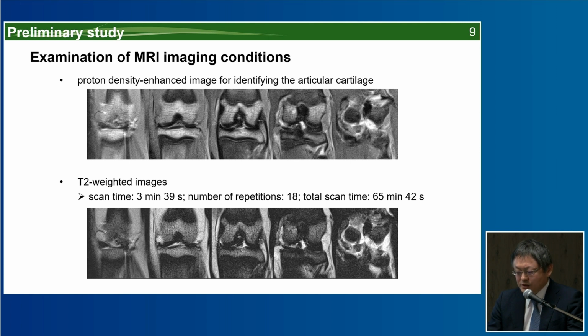The imaging conditions involved initially capturing proton density weighted images to identify the place of the articular cartilage, and subsequently T2 weighted images were taken. A total of 5 slices are captured in one scan session lasting about 3.5 minutes, and the total scan time was about an hour.